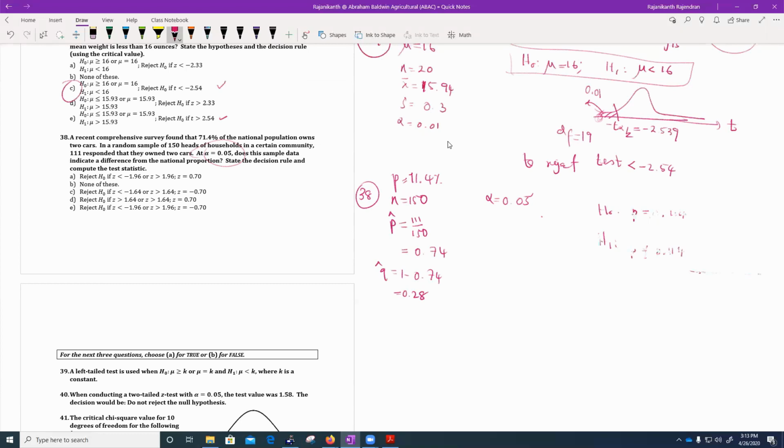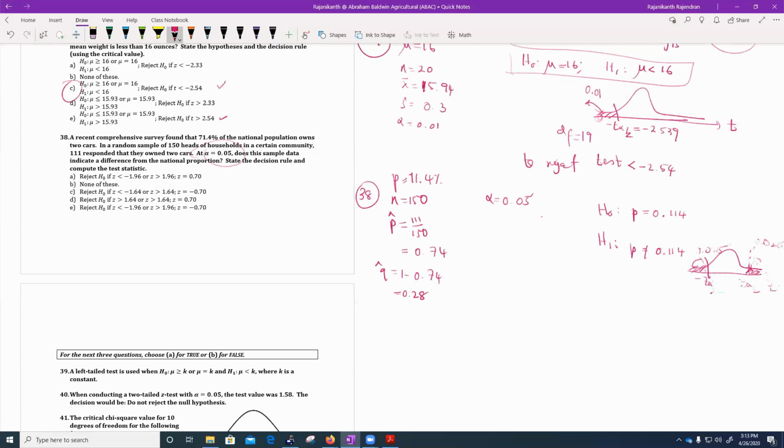So if you draw a picture, it is like a two-way test now. Remember, we are using a z distribution for the proportion, right? So this is z alpha over 2 and this is negative z alpha over 2. So that means this area is 0.025 and this is also 0.025.